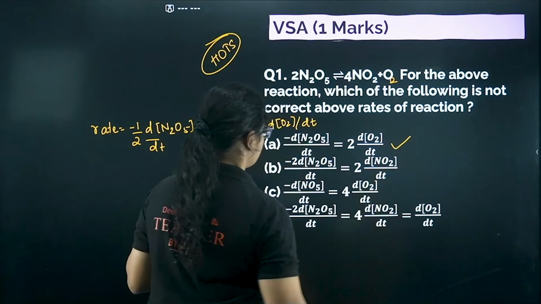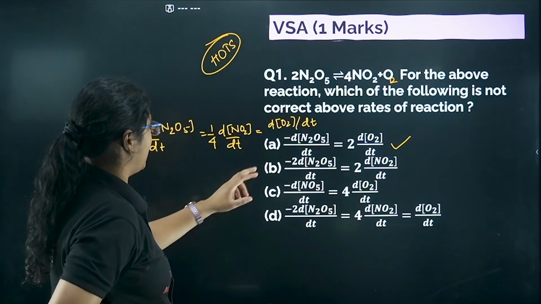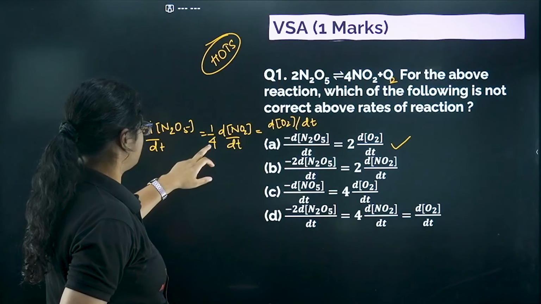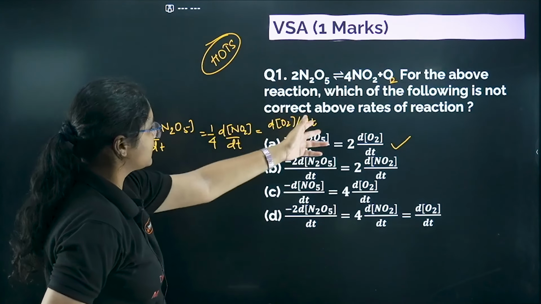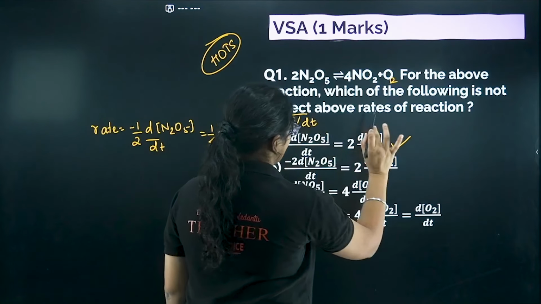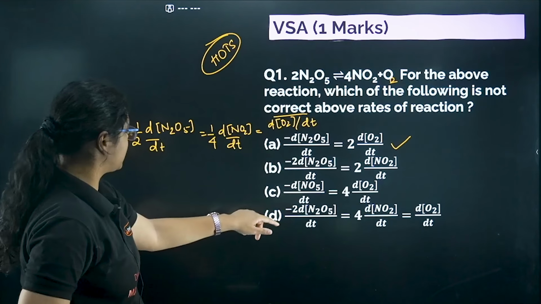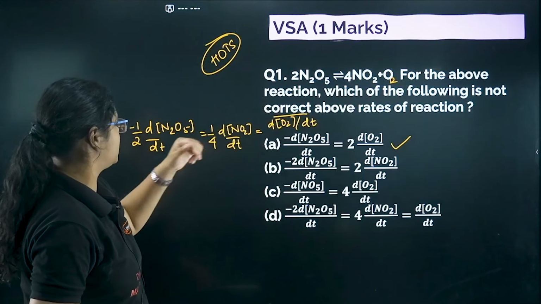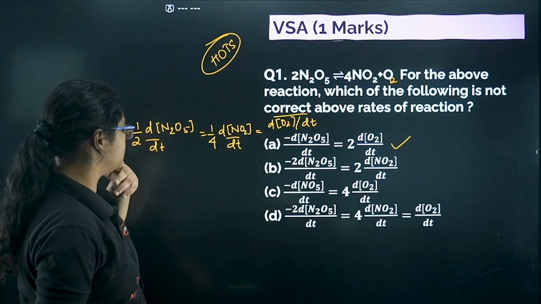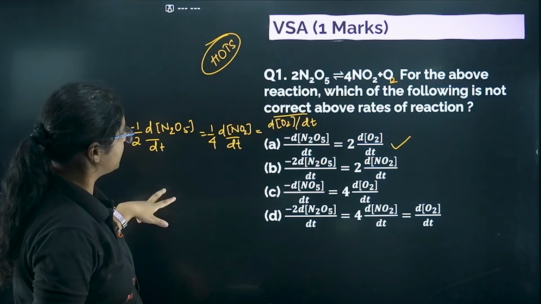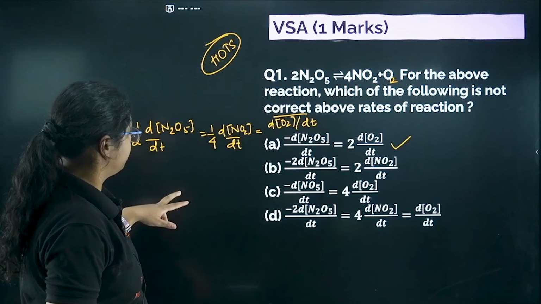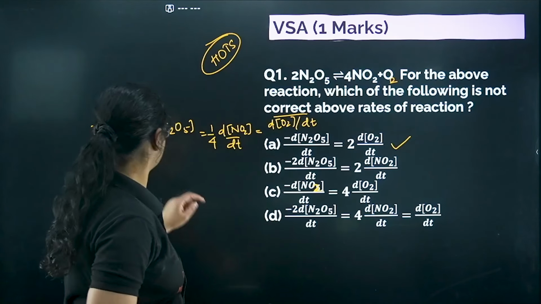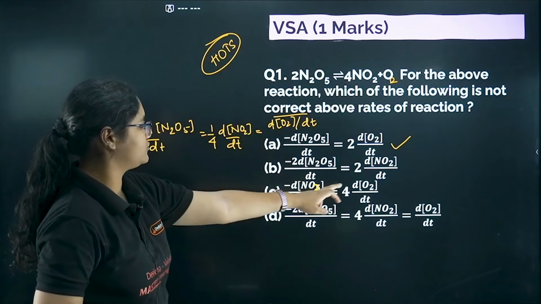This statement is correct. Now the next one, N2O5 and NO2. The question is asking which is not correct. This is correct. Now let's see the second one, minus dNO2 by dt is 4 times of dO2 by dt.